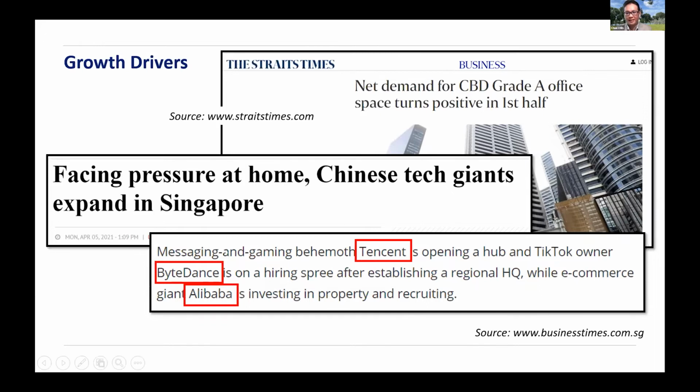For example, Tencent is here, TikTok owner ByteDance is here, Alibaba is also here. In one of the articles I caught, ByteDance took up 3 floors, paying about 80,000 Sing dollars monthly rental. That is the kind of take-up we're having right now.